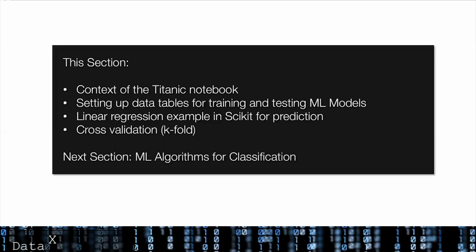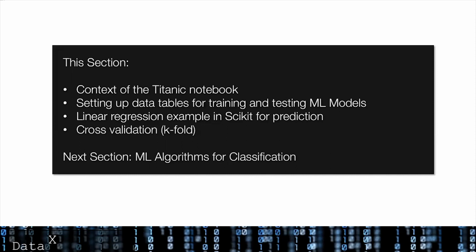So in this section, we reviewed how the data is formatted and held in tables, and in particular, how a portion of that data is structured for training and how it's structured for testing machine learning models.